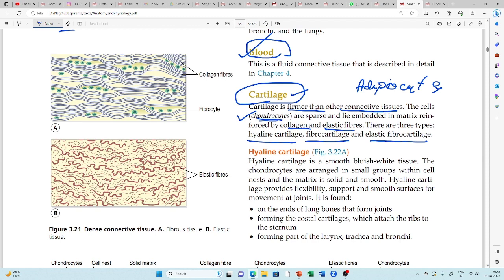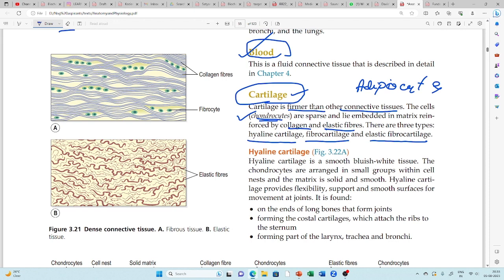The cells are chondrocytes, and it contains collagen and elastic fibers. Based on structure and function, it is divided into three types.